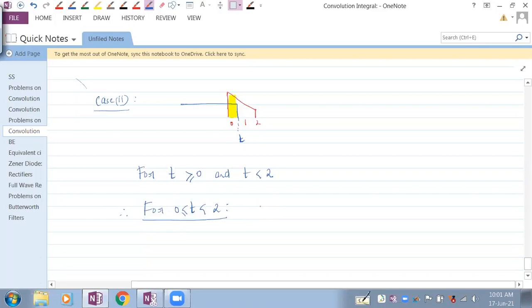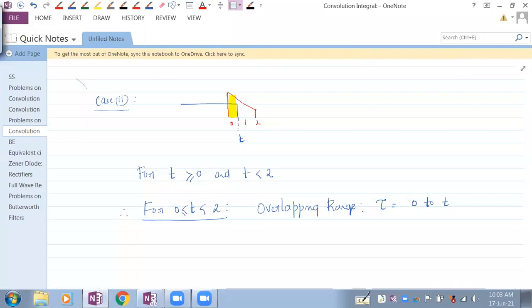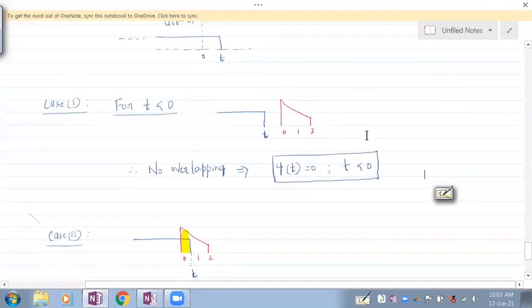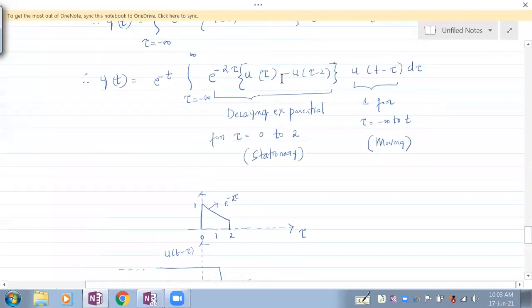So overlapping range: it's not k, it's tau, still with the convolution sum, tau ranging from 0 to t. Right. So therefore, now the overlapping range is 0 to t. So equation number 1 becomes what? From 0 to t, this is e power minus 2 tau.